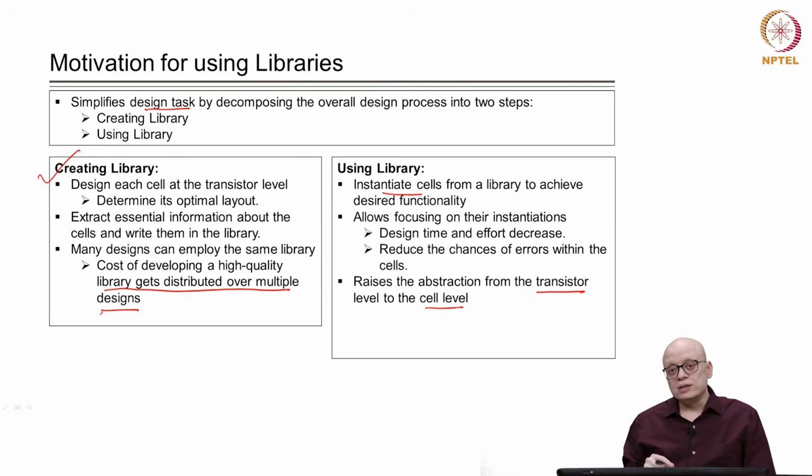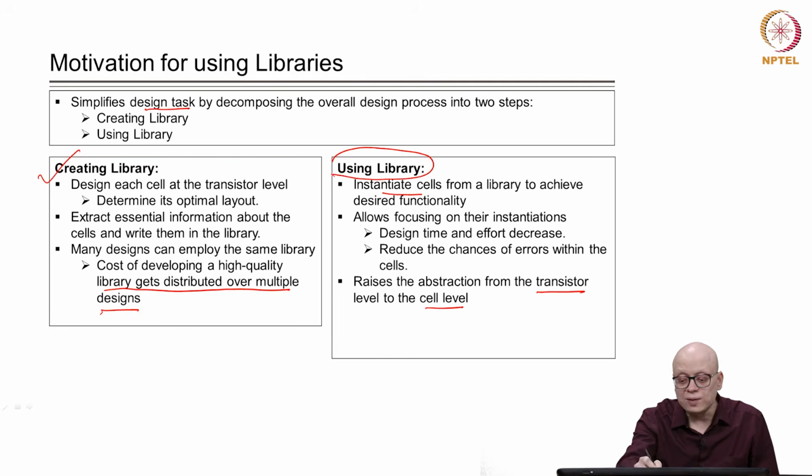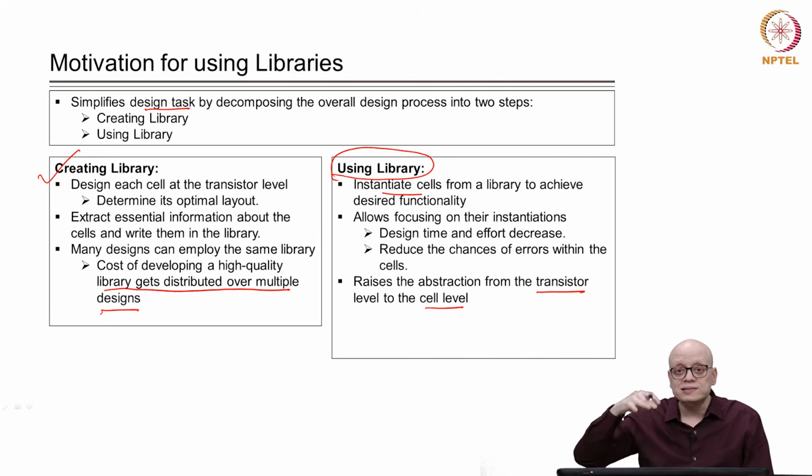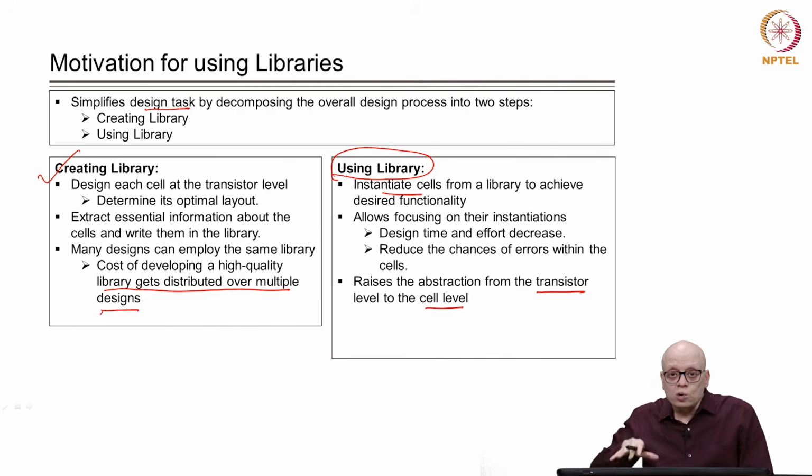So, the design tools that will be used with the library need to work at the higher level of abstraction, and that higher level of abstraction is the cell level instead of a lower level abstraction, that is, the transistor level.